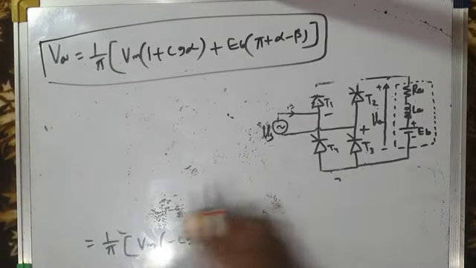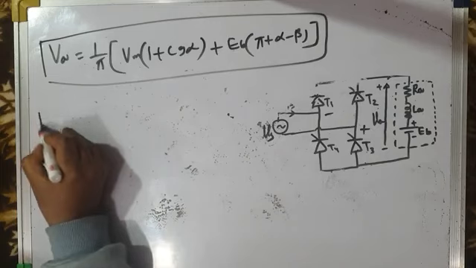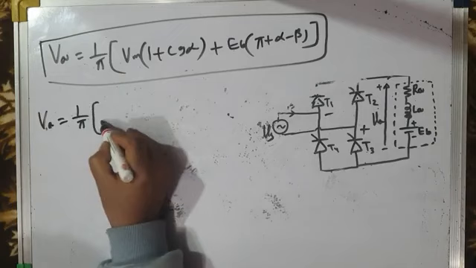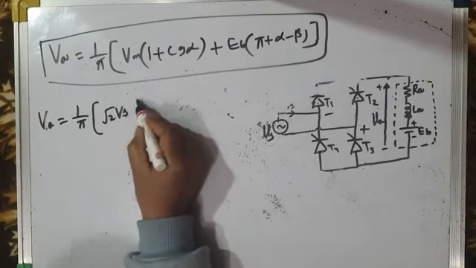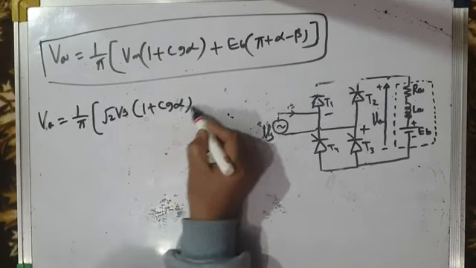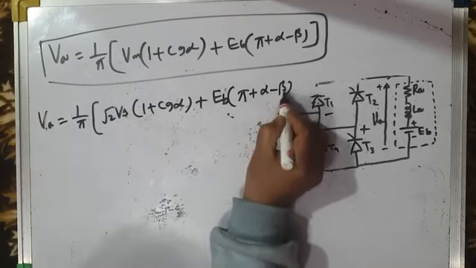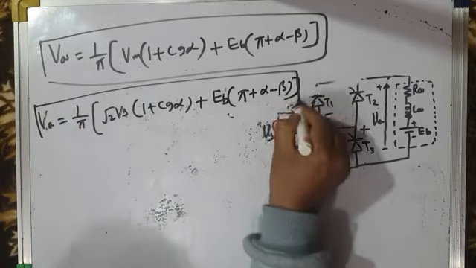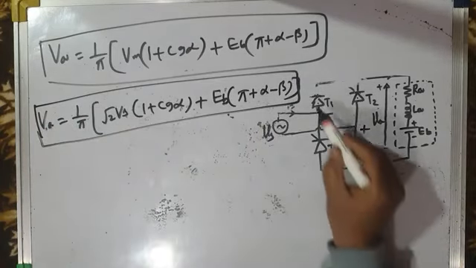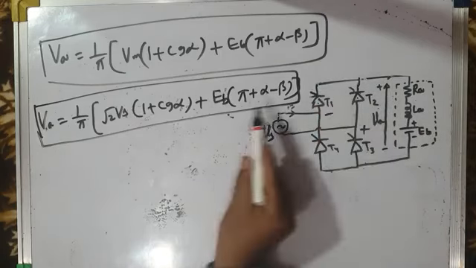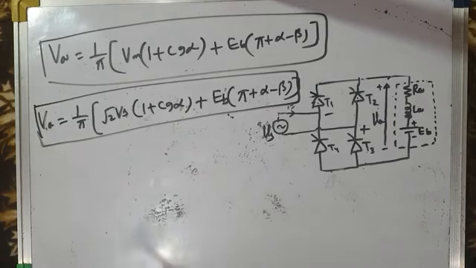In terms of RMS value, Vm is root 2 Vs, so VA is 1 by pi times root 2 Vs into 1 plus cos alpha plus EB times pi plus alpha minus beta. This is the final expression for average load voltage for a single phase full converter fed DC motor drive with freewheeling. Without freewheeling the expression is different, which we derived in an earlier class.